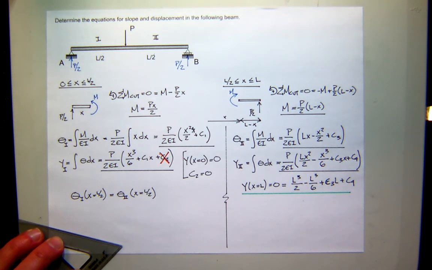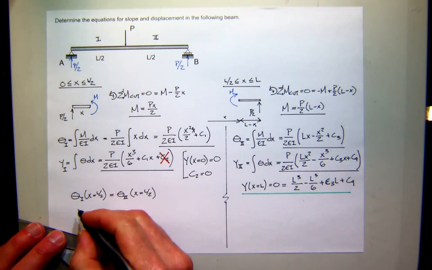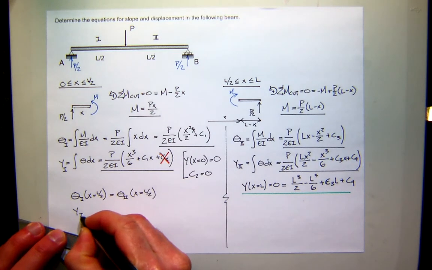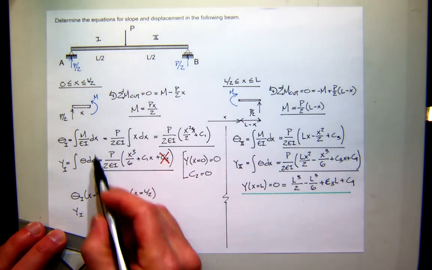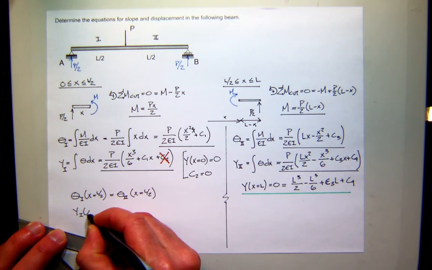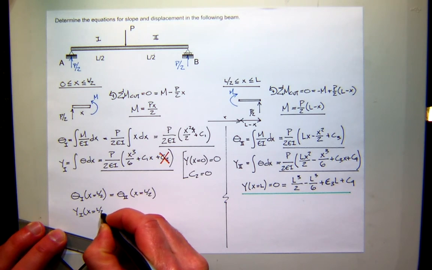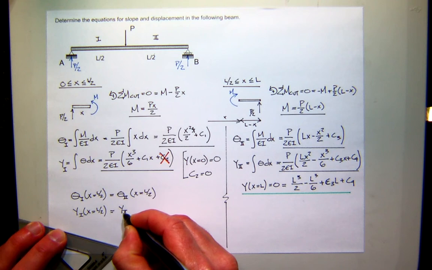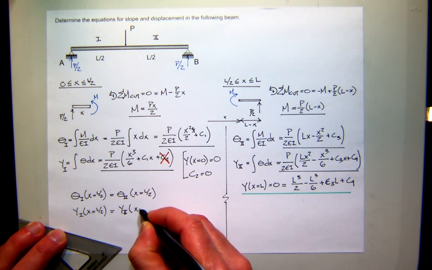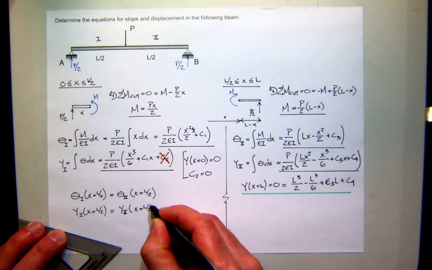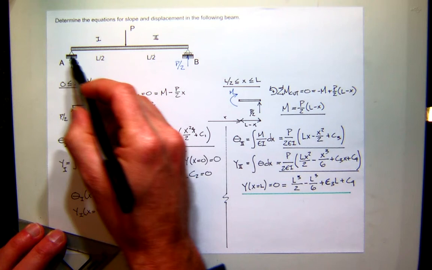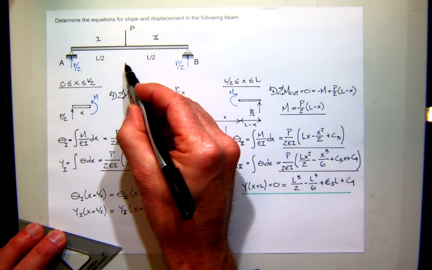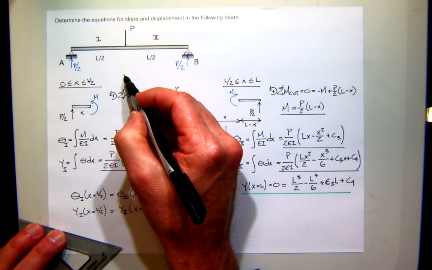They can't change value. Maybe the one you can see more clearly is the displacement. If I use my equations from section 1 and evaluate them at x equal L over 2, it should be the same as the displacement from equation 2 at x equal L over 2. Why is that? Whenever I find a displacement, it suddenly can't change between the two.